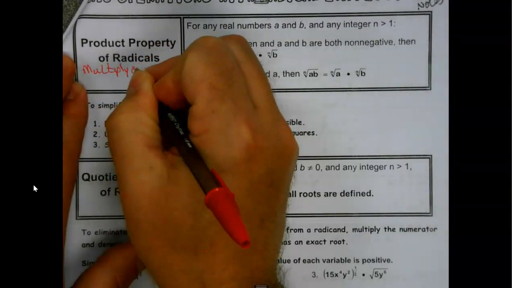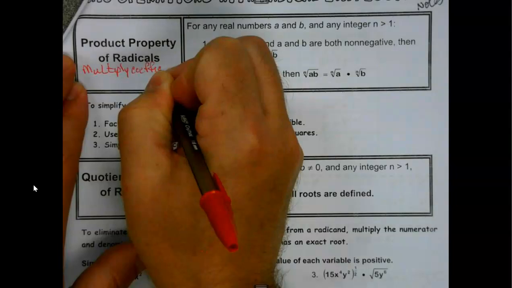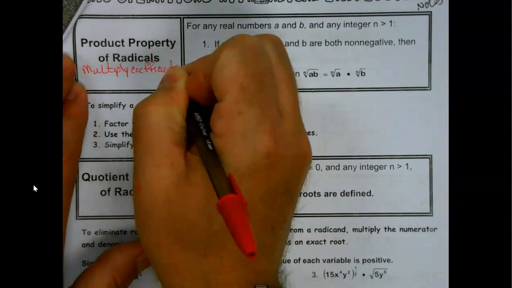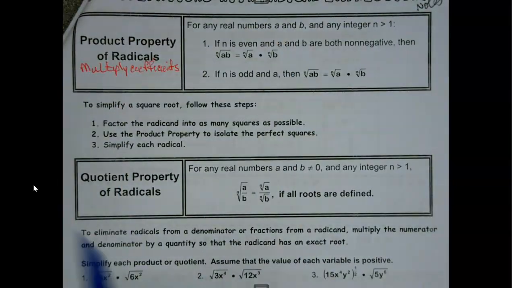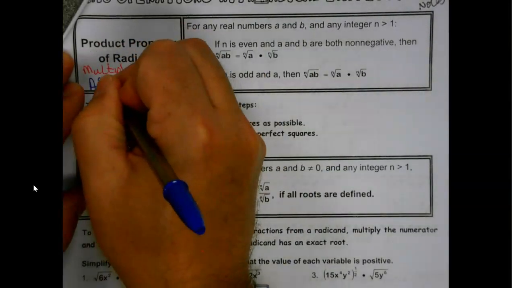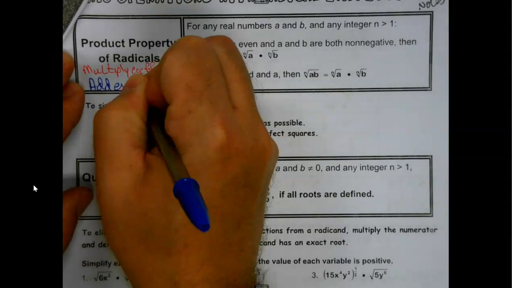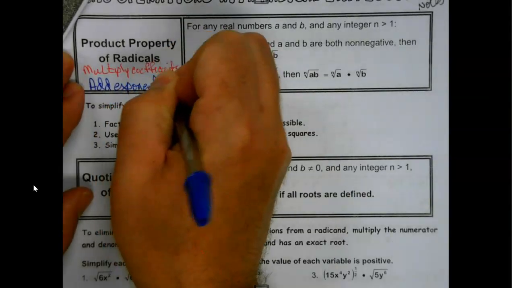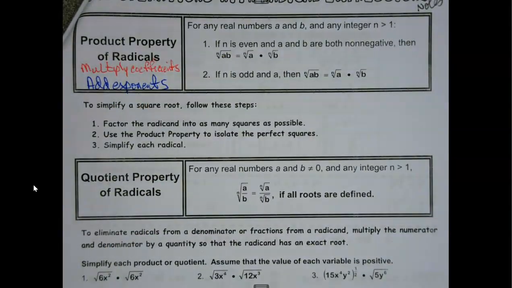We're going to multiply any coefficients, just a fancy word for the numbers without variables. And we're going to add exponents. So whenever you're multiplying and everything is underneath the radical, multiply the big numbers together, add the little ones together.